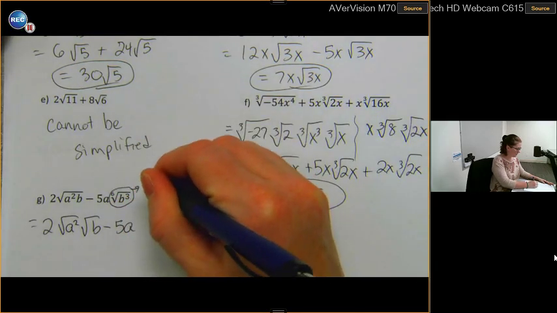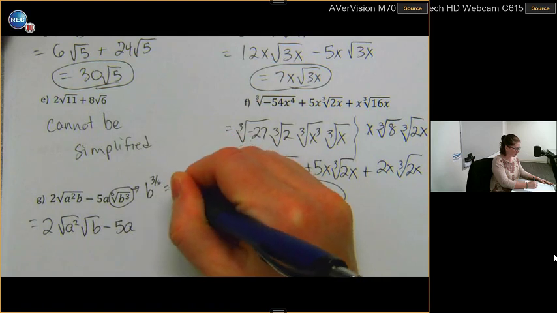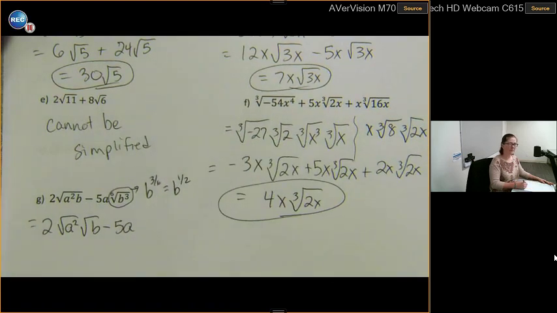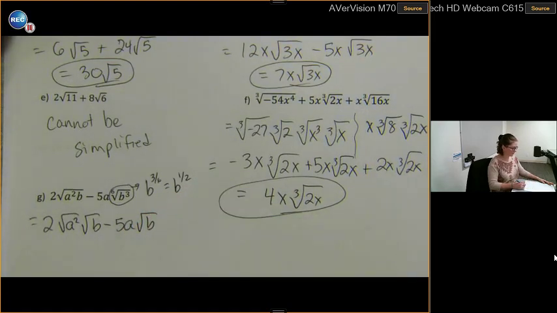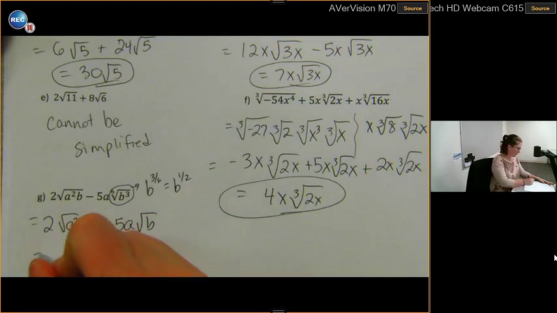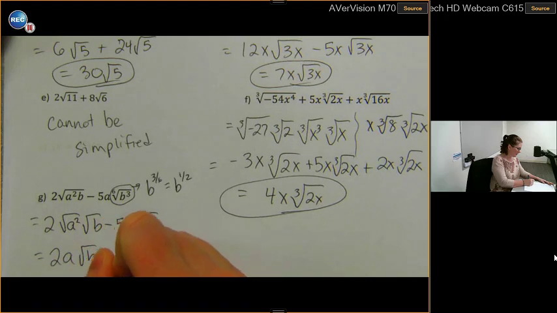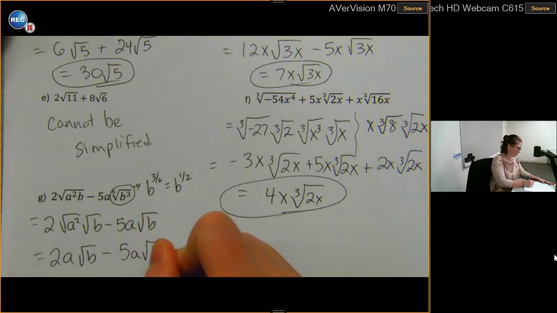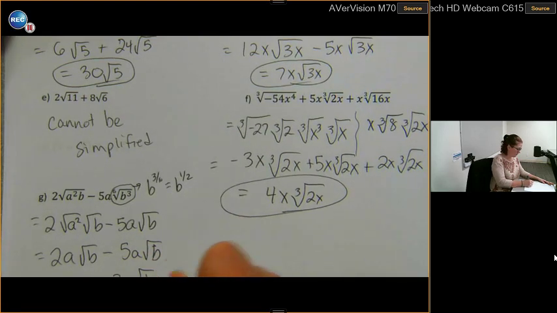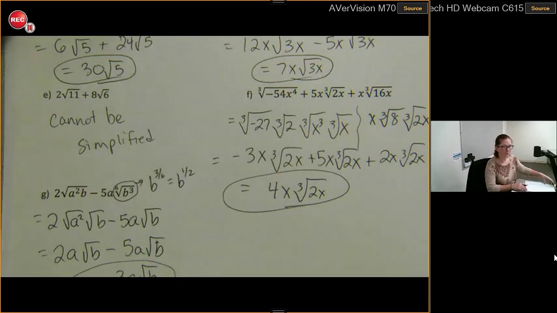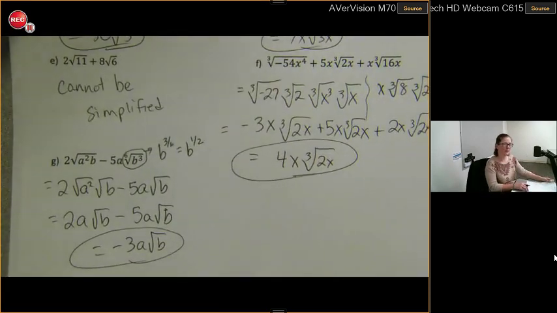So it's b to the 3/6, which is the same thing as 1/2. And then b to the 1/2, that's the square root of b. So I have 2a square root of b minus 5a square root of b, which equals negative 3a square root of b.